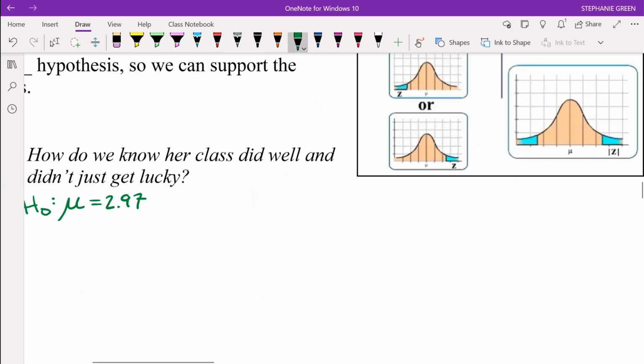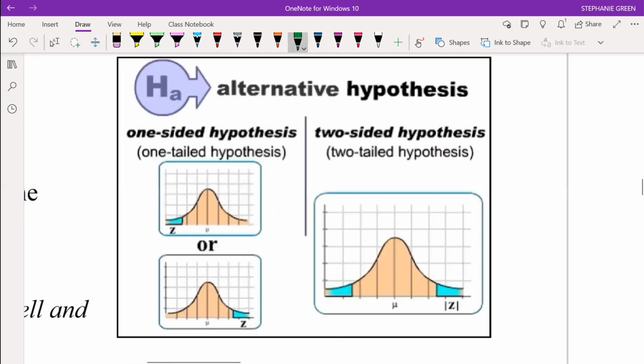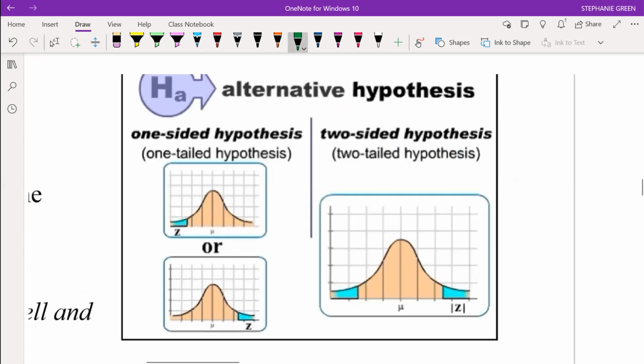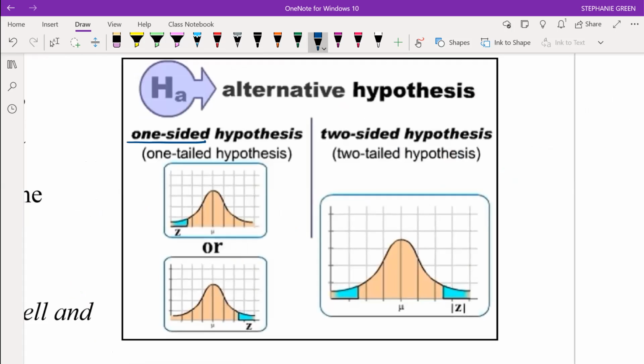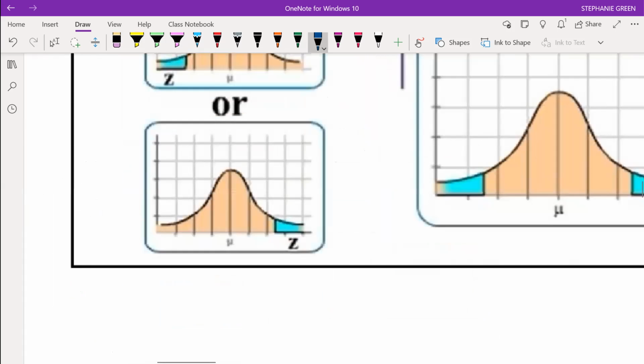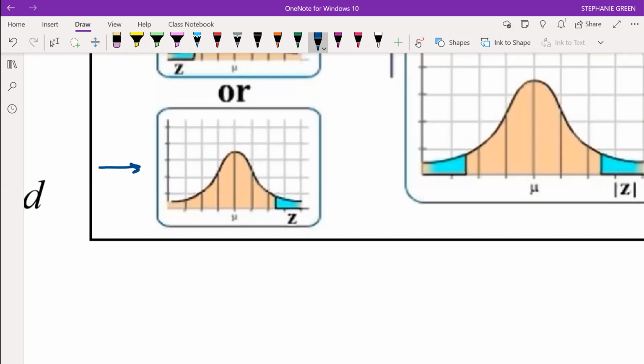We have three different kinds of alternative hypotheses that we can have in a hypothesis test. Two of them are one-sided, and the other one is a two-sided hypothesis. So with our class of supposedly gifted students, we're looking at this type of hypothesis right here, where we're thinking that their scores are up here at the higher end of our distribution, and therefore their average is more than usual.